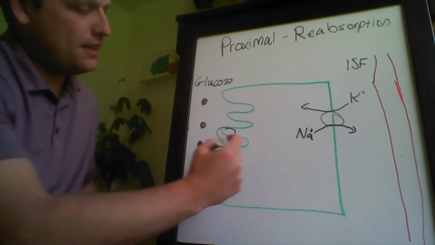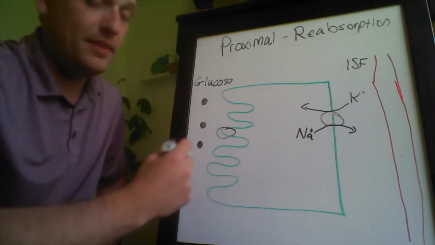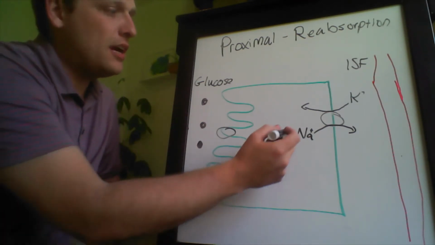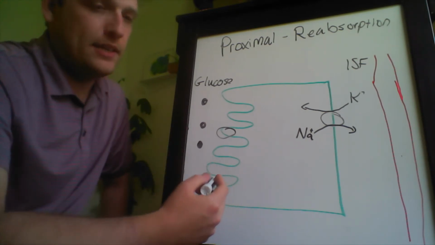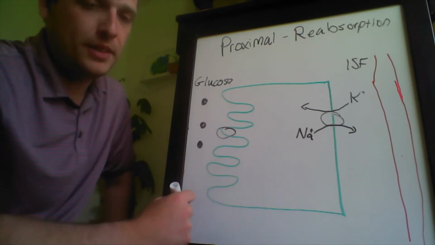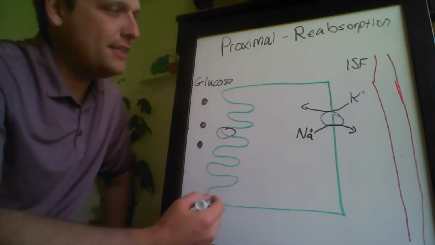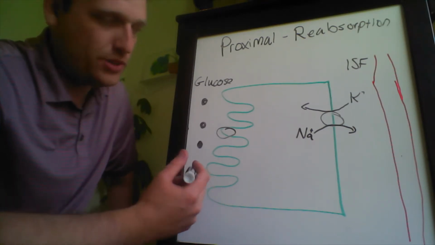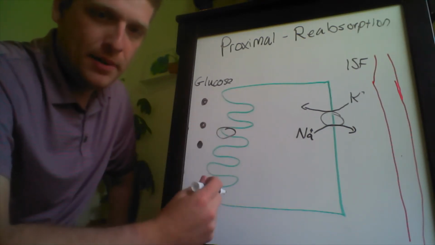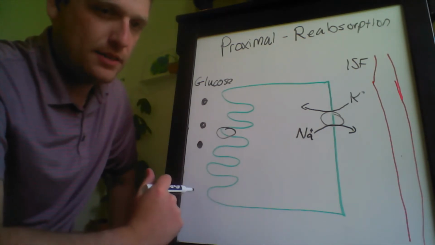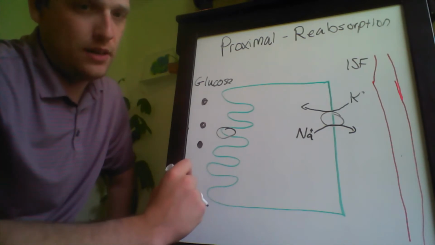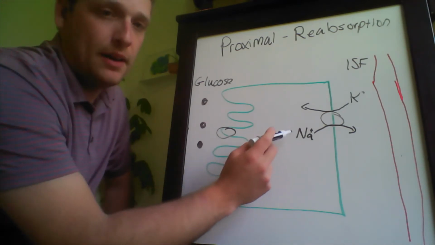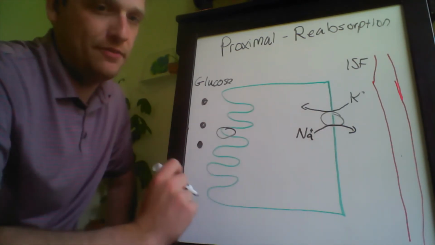In these proximal tubule epithelial cells, there are lots of sodium-potassium pumps. And what you may remember from looking at neurons is that these pumps are antiporters. They're going to split ATP, so this is an active process. And they're going to pump potassium into the cell, and at the same time pump sodium out of the cell.